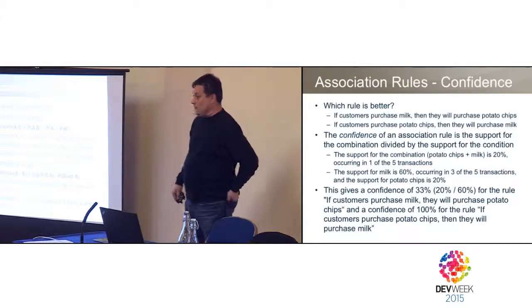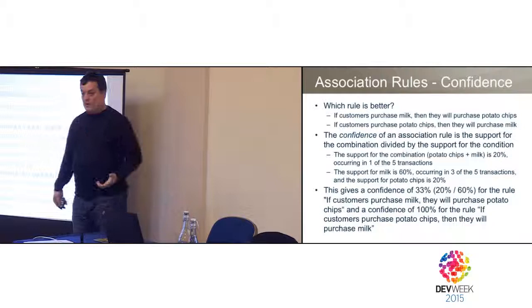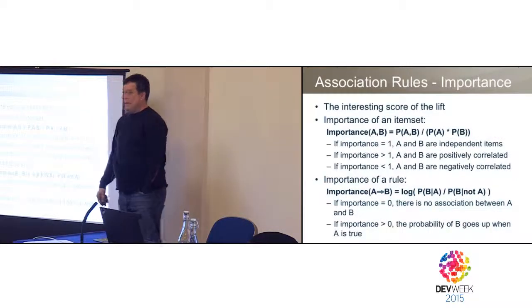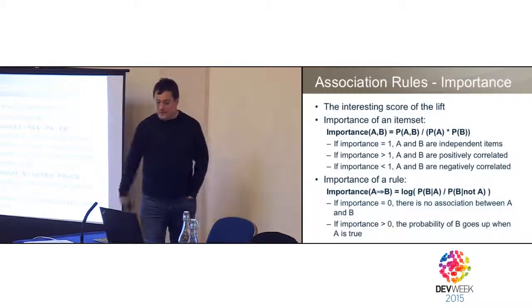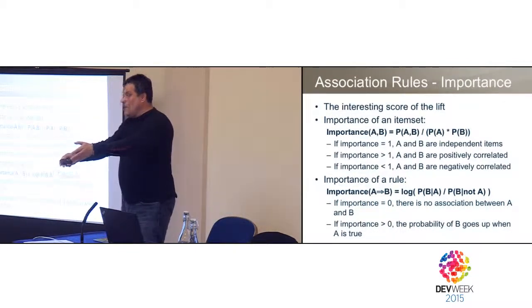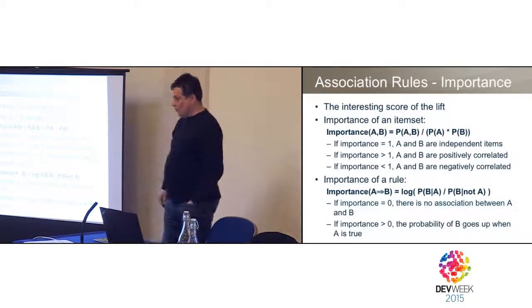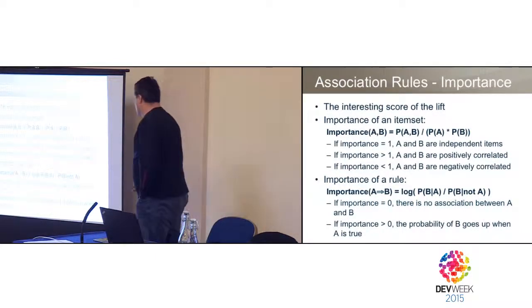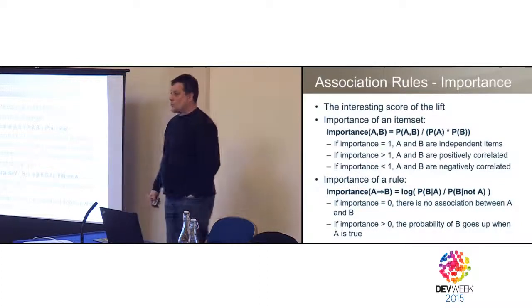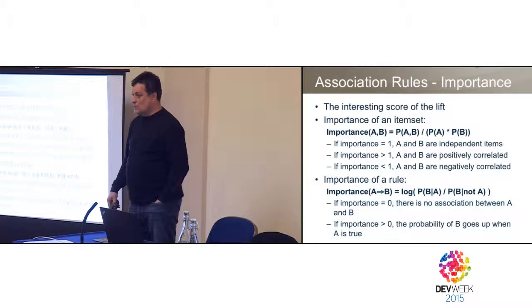And importance, well, basically we are measuring only positive associations here. But what if I have also negative association? What if having an item in a basket lowers the probability of another item? This is what you get with importance. Basically the idea is simple. You use logarithm, which will give you negative values for negative associations.